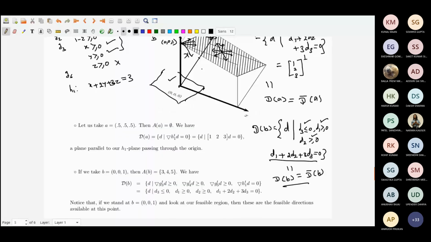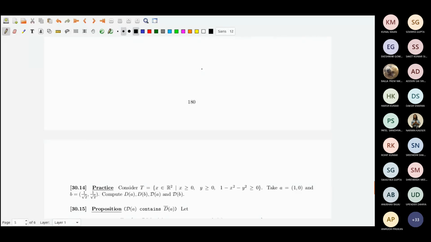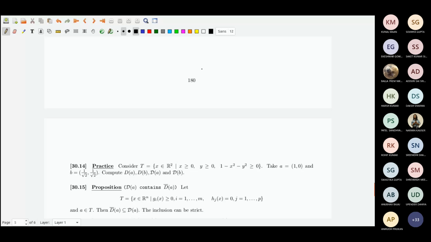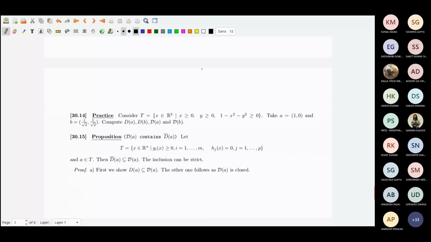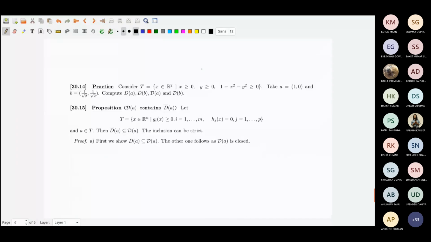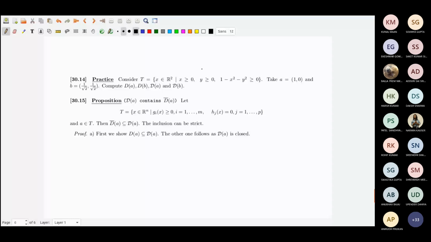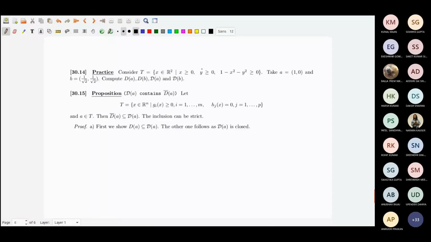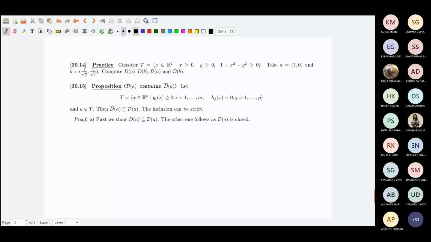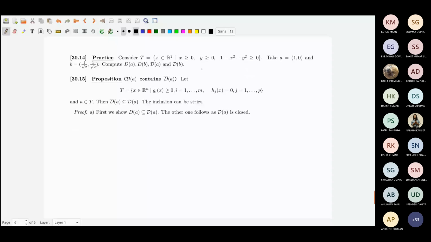Try practicing this one. This is one proposition I want to prove. As I said, the linearizing cone at a point A always contains the closure of the feasible directions. This one is somewhat easy. It contains the closure of the feasible directions, and in all these places that we computed, we saw equality.